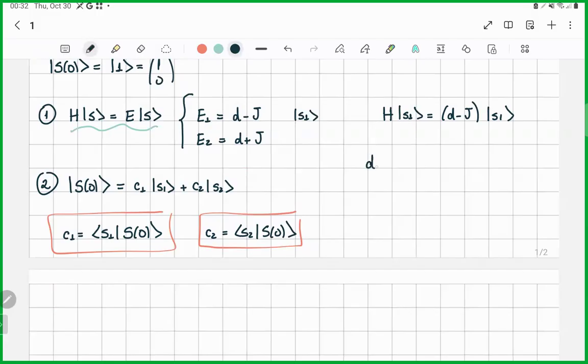I'm going to put it here. What is the vector S1? I do not know it yet, but all I know is that it has two elements. Whatever these elements are, I'm going to try to find. I'm calling it AB. If you want, you can call it XY, whatever they are, I'm going to try to find it using this equation.